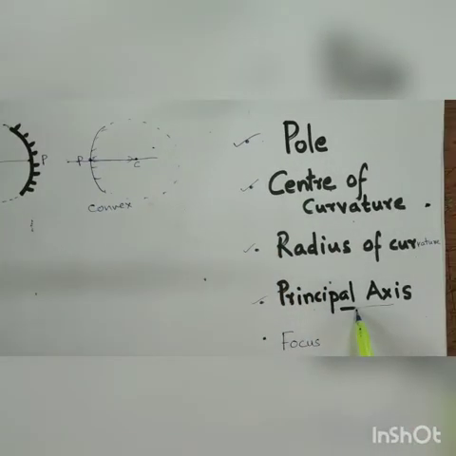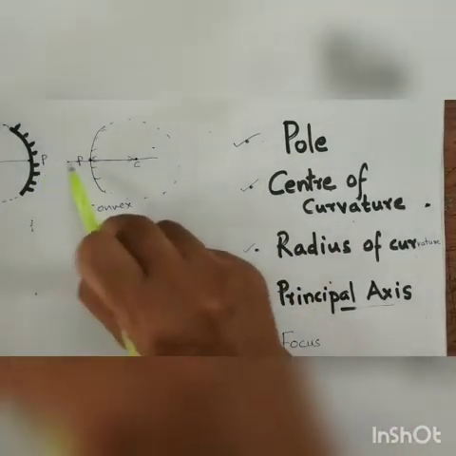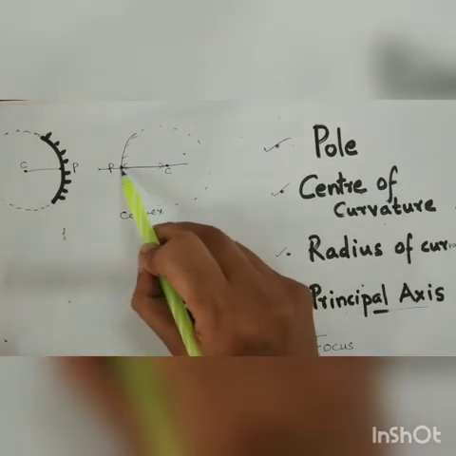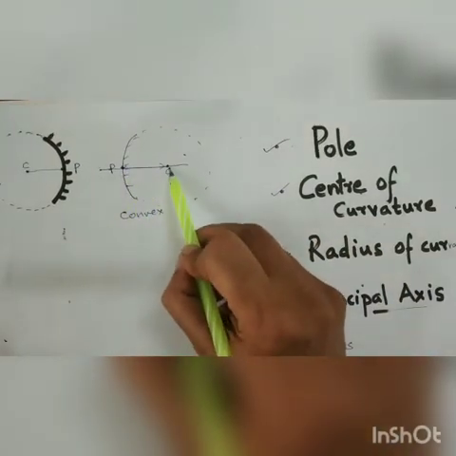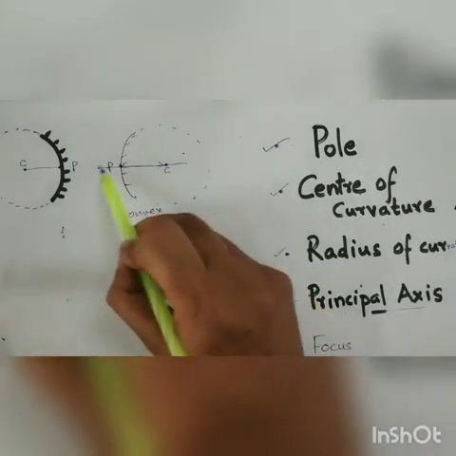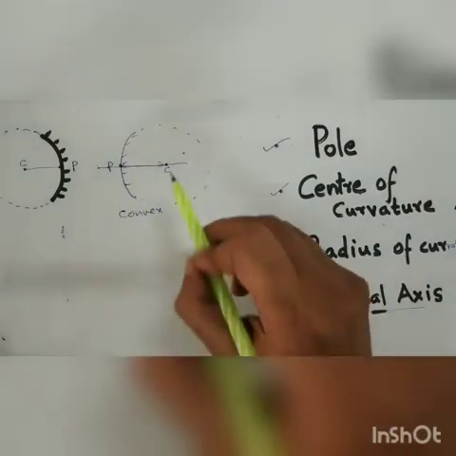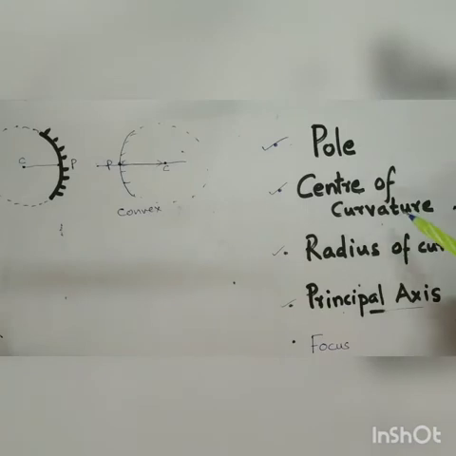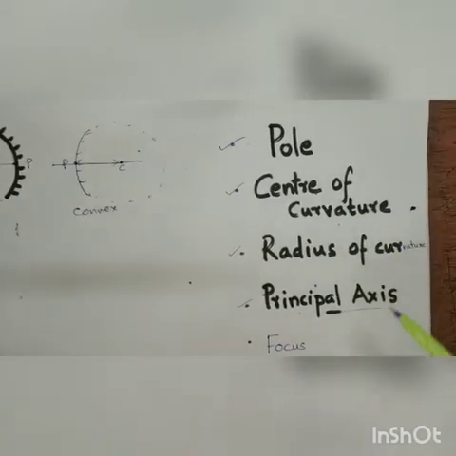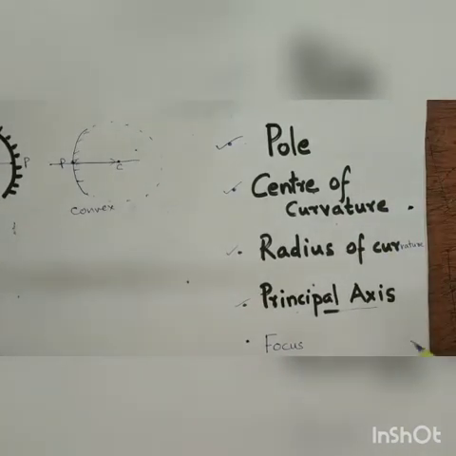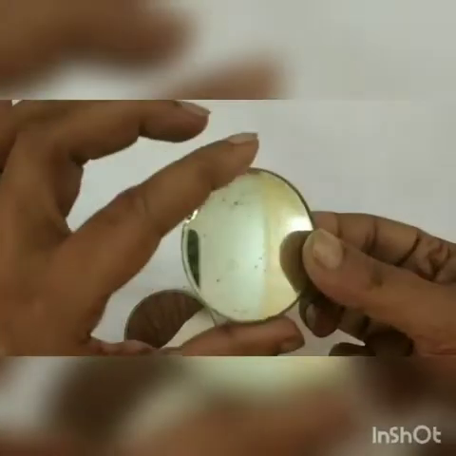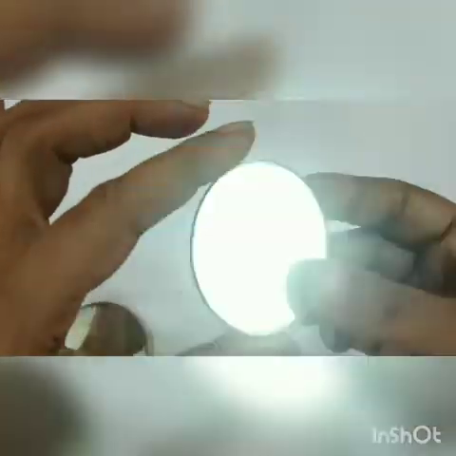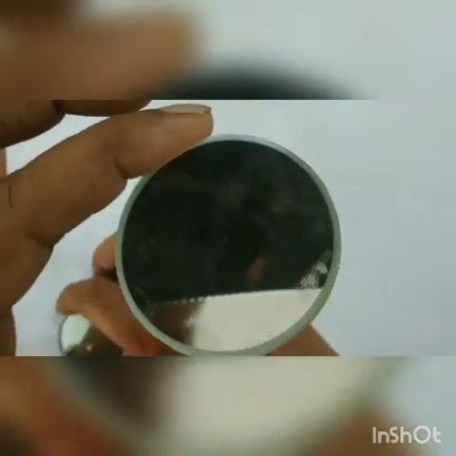And last one is principal axis, a straight line passing through the pole and the center of curvature. So, pole, center of curvature, radius of curvature and principal axis. I hope you have learned these 4 terms. This is a sample of a convex mirror and this is a concave mirror which you will be handling yourself while doing experiments in your physics practicals.